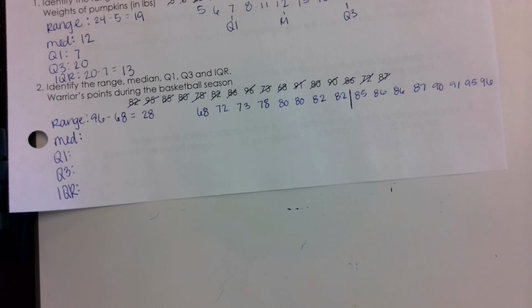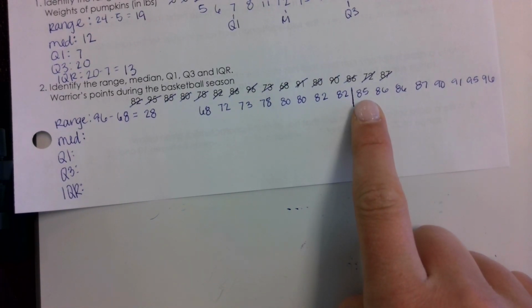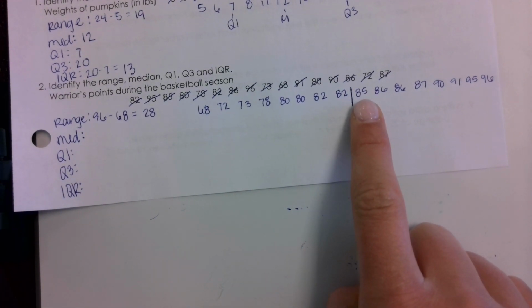How do you get it as a decimal? Control enter. What do you got? 82 plus 85 divided by 2, control enter. I got 41.